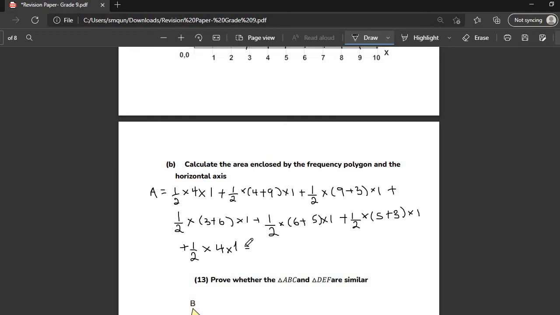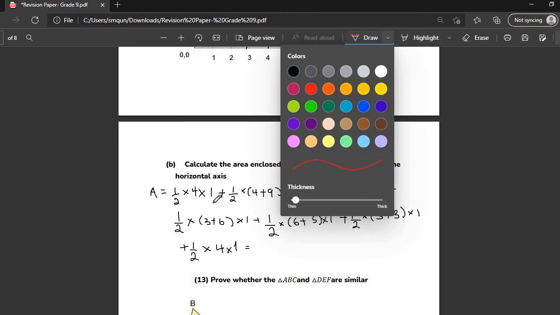When you do all of this, remember you multiply before you do anything else. Or actually, we have brackets, so we're going to work out what is in the brackets, then we multiply. So BODMAS or PEMDAS. Half of 4 would be 2. Half of 4 is 2.